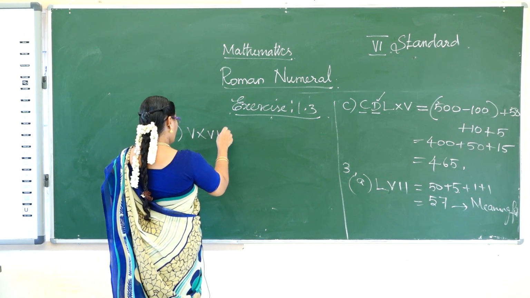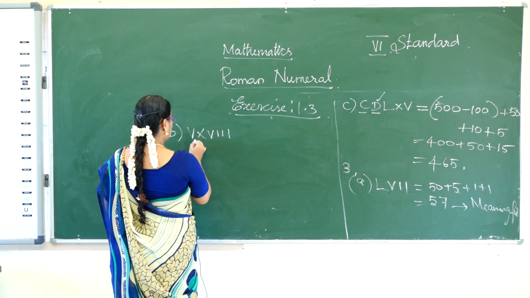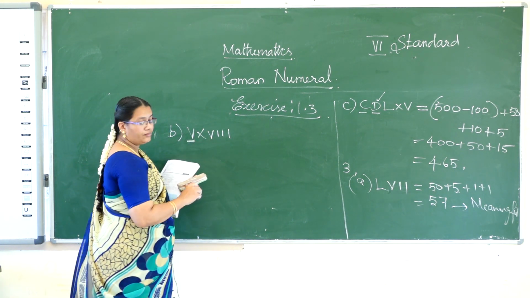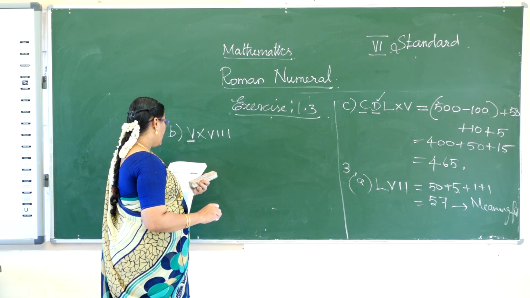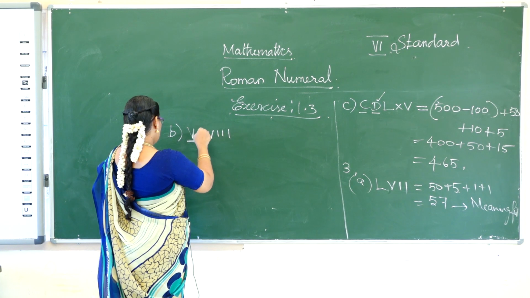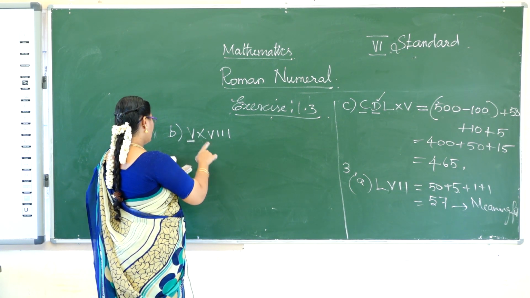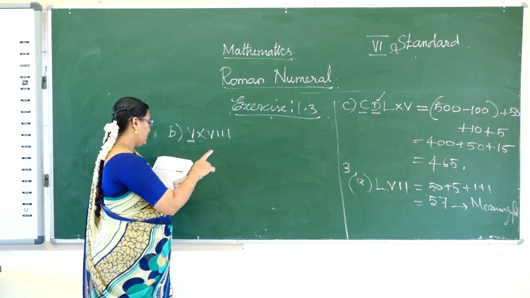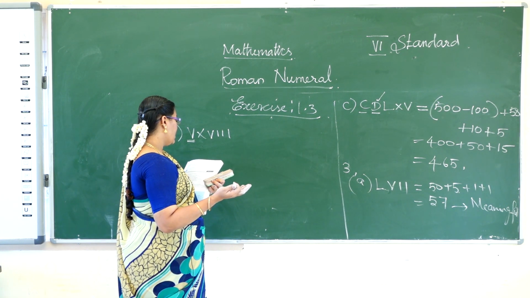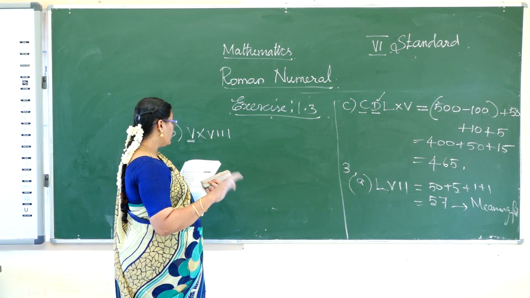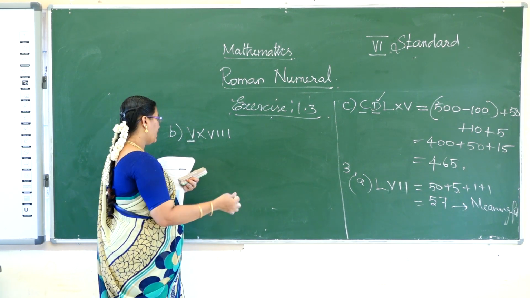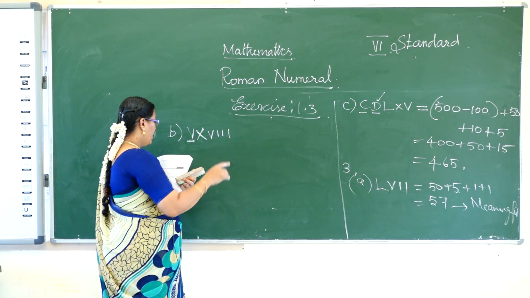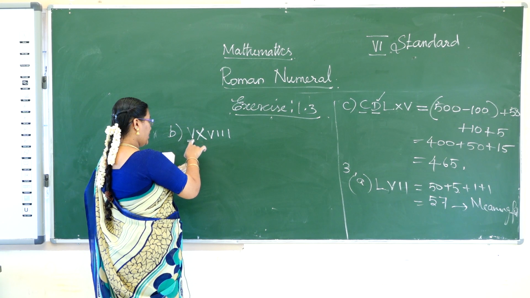V X V I I is given. Here first the smallest value 5, and second the larger value 10 comes. In this place the rule is: X can be subtracted from only L and C. X can be subtracted from only L and C. Here V is given, so it's not possible.